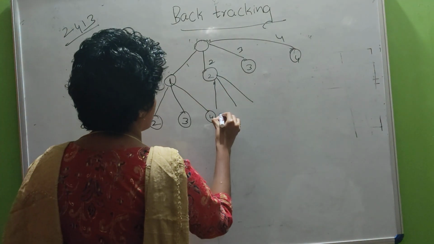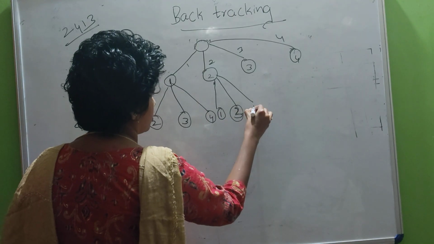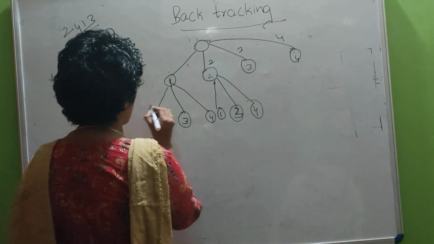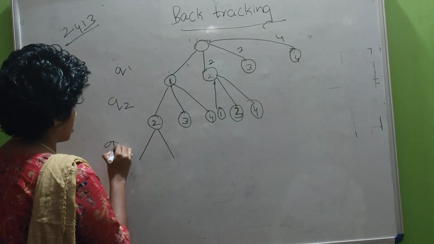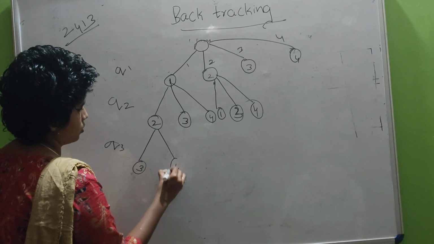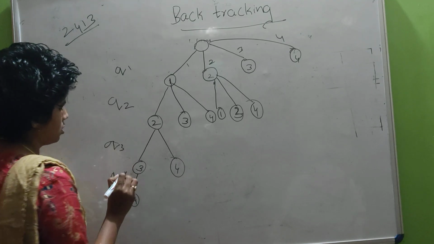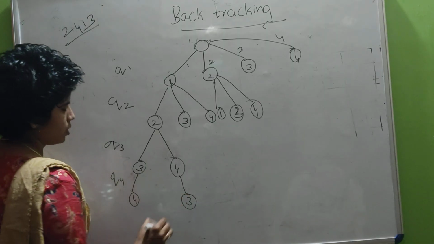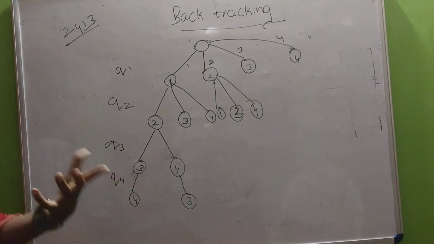Next 1, 3, 4. Now what are the positions left for Q3? That may be 3 or 4. Here for Q4 it is 4, and for Q4 another possibility is 3. This is how we fill the state space tree with all the possible solutions.